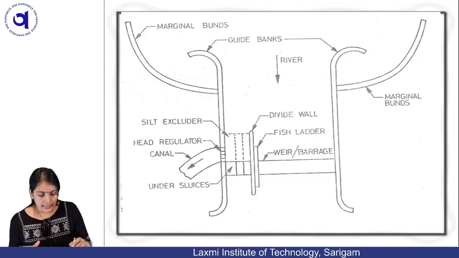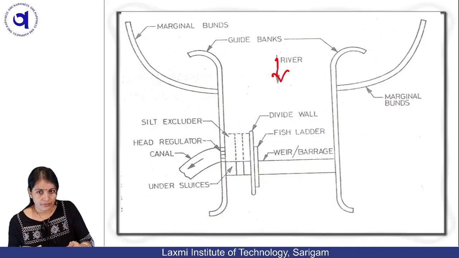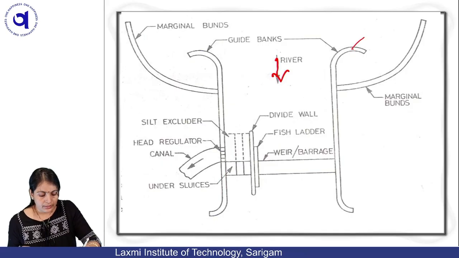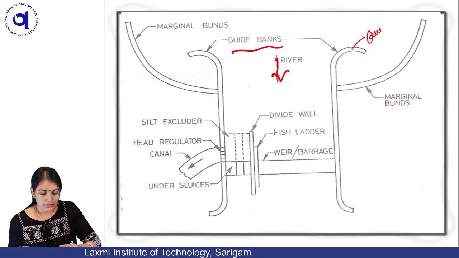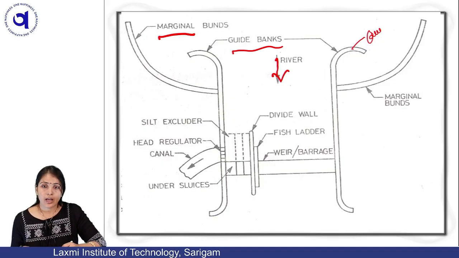You can see here the flow of water, which they have shown with the arrow. This is the flow of water. These are river training works like guide banks. This is the guide bank, written over here. This is the marginal bund. These things are constructed prior to the construction of the weir.